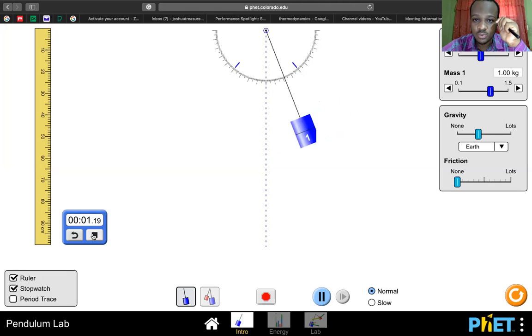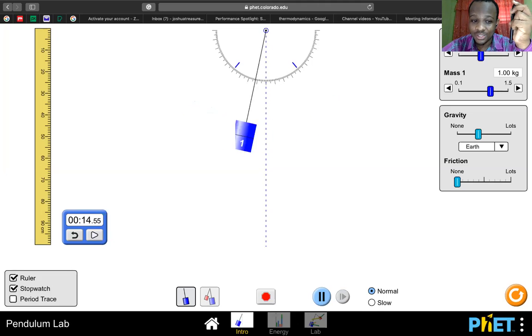Start. 1, 2, 3, 4, 5, 6, 7, 8, 9, 10, right? So it was originally 14.1, right? Now it is 14.55, right?